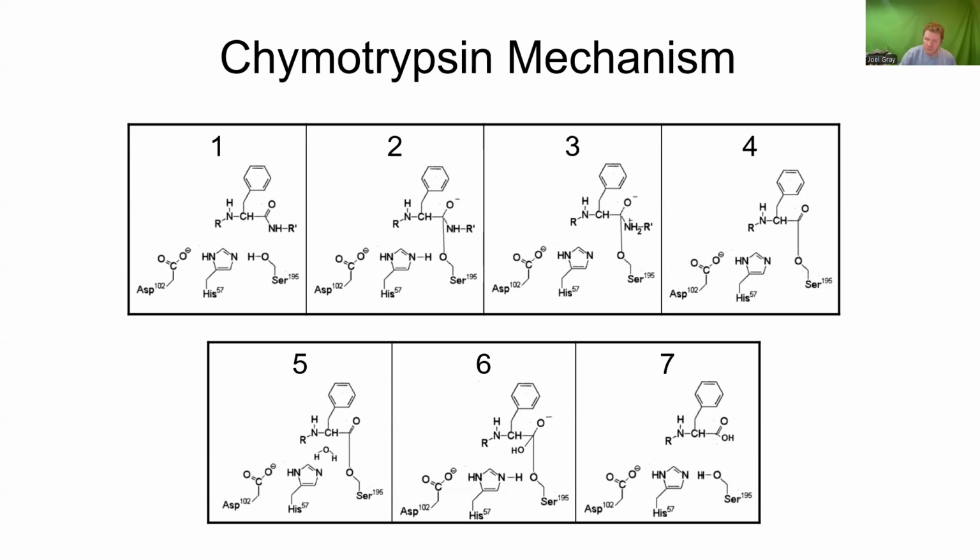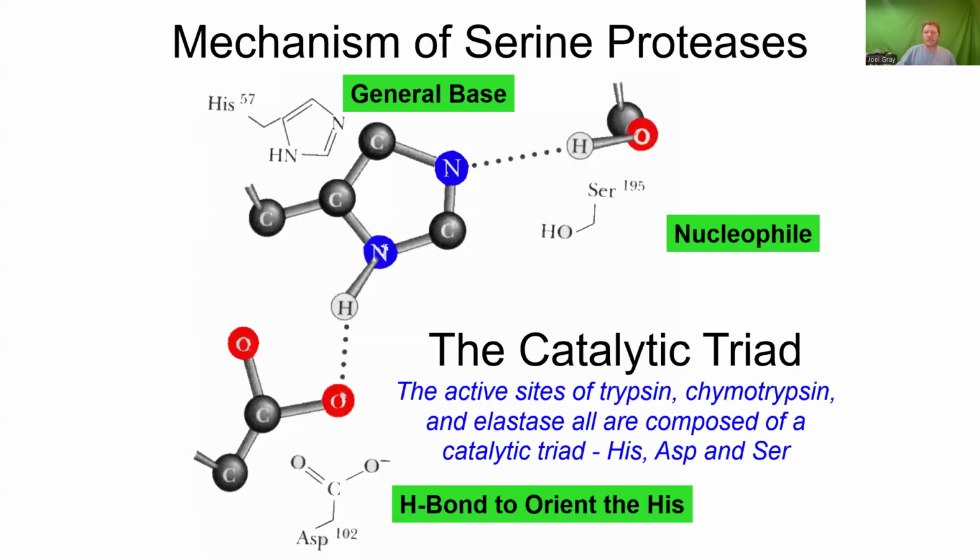Okay, I'm going to take a step back because what I want you to know is that chymotrypsin is an example of a protease. Could you give me a one in the chat if you have ever heard the term protease, and any other number if you've never heard protease? A protease is an enzyme that cuts proteins.